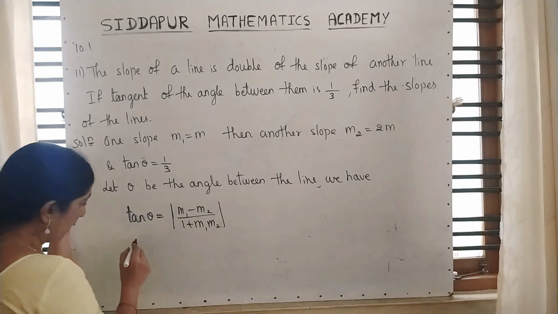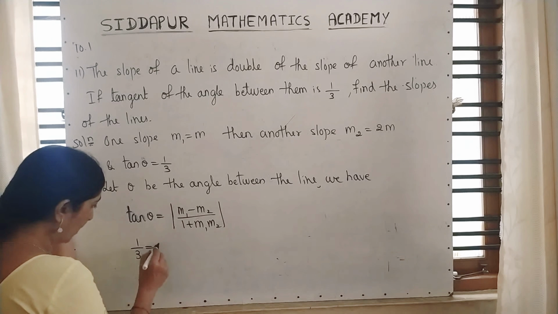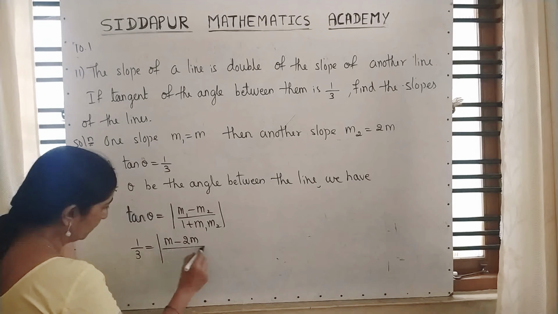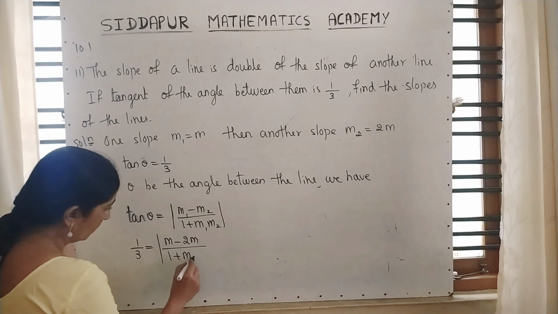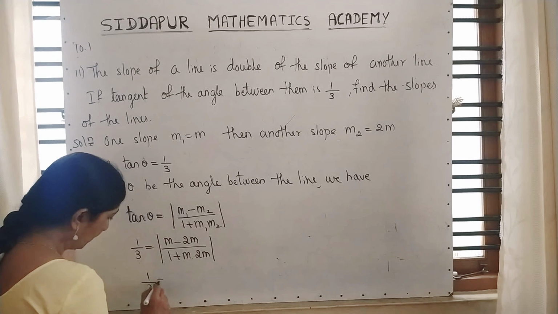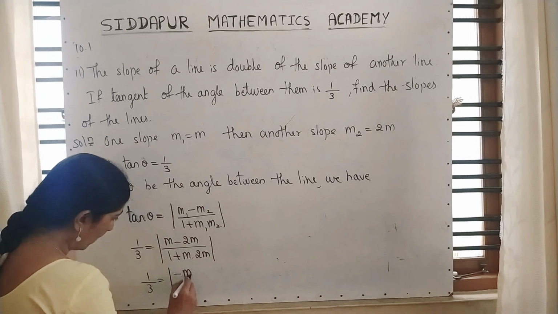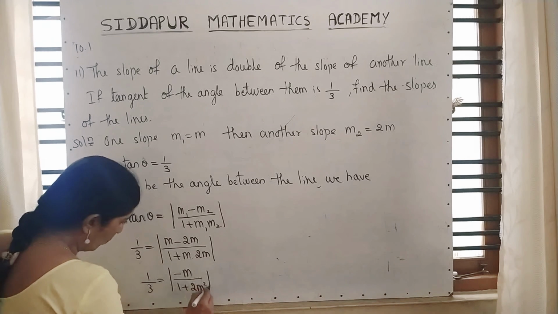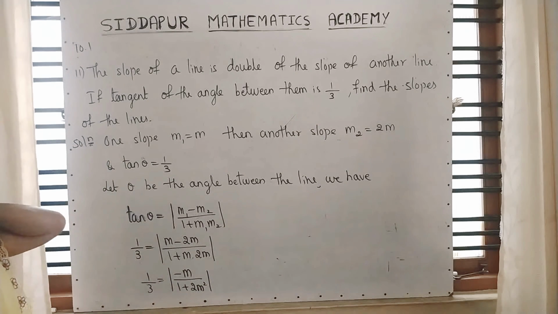What is tan theta? Tan theta is 1 by 3. m1 is m, m2 is 2m. So it is 1 by 3 equals modulus of minus m upon 1 plus 2m square. Understood?